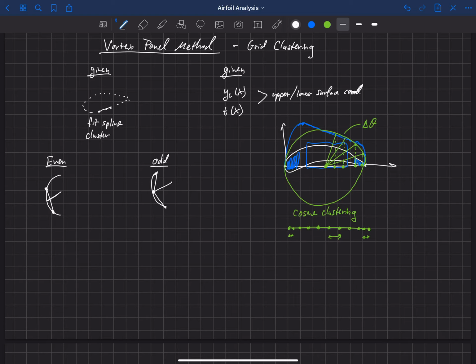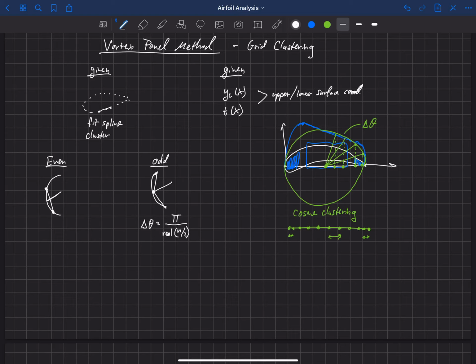If we have an odd number of nodes, then we would first compute a delta theta that depends on the number of nodes. We would take pi and divide it into the number of nodes over 2. And because n is an integer, we want that to be a real number. So we will take the real number of n, which is odd, divide by 2, and that's in the denominator there. We divide pi into that many sections.